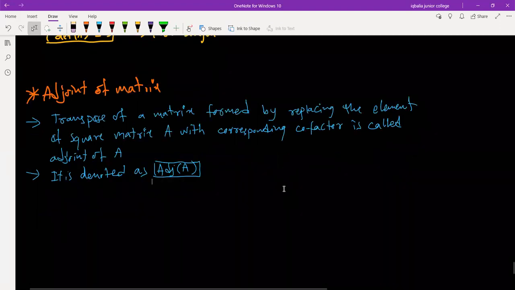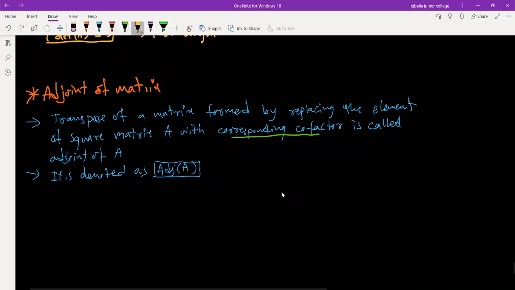So first of all I have to find cofactor and then I have to transpose. Here we have to do two things. I have to find cofactor and I have to transpose. Okay, let's see how.